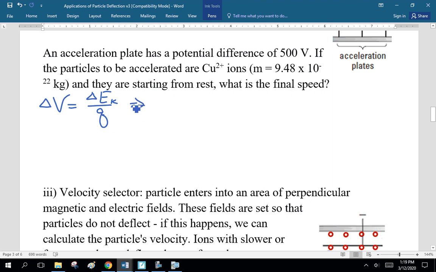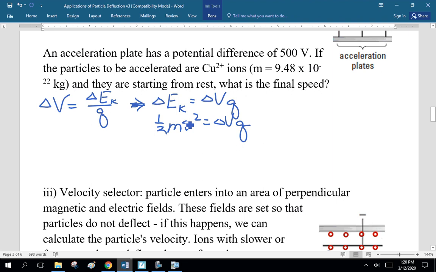So that means change in energy is change in voltage times charge, and it equals change in kinetic energy. So one half mv squared equals change in voltage times charge. Can we figure out the final velocity, considering initial velocity 0? Yeah. And somebody would point out, but Mr. Sutton, shouldn't this be change in velocity? Yeah, it should be. I just forgot to write it out.